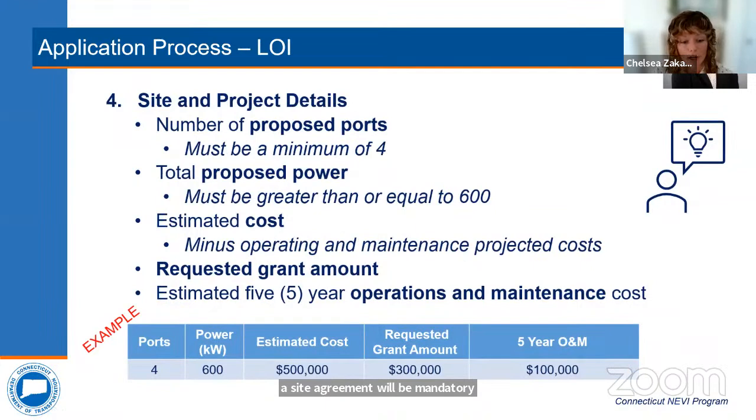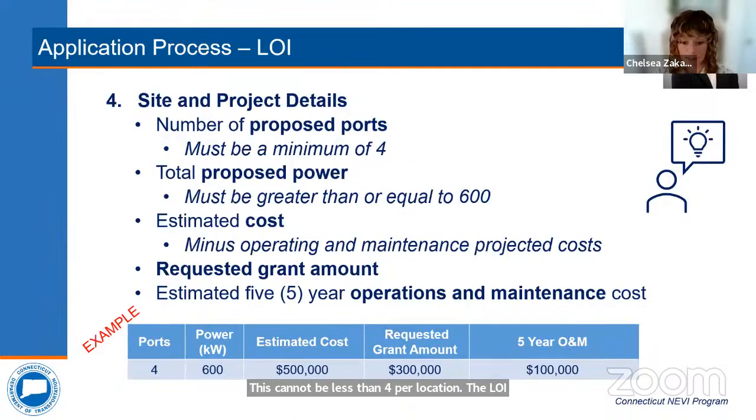For site and project details, section 4, the LOI asks for details on the proposed project. The LOI asks for the number of proposed ports per FHWA requirements. This cannot be less than 4 per location. The LOI asks for the power provided.